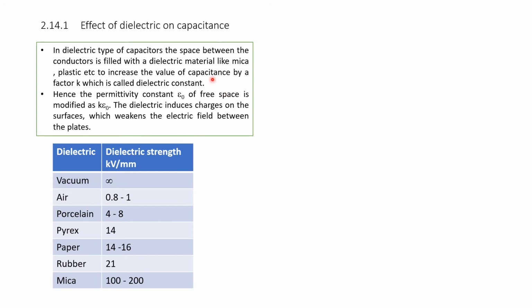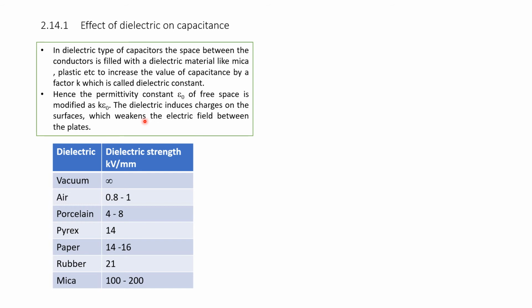So when we add dielectric materials between the two plates, the value of capacitance increases by a factor K, and K is called dielectric constant. Hence, the permittivity constant of free space is modified as K into epsilon naught. The dielectric induces charges on the surface which weakens the electric field between the plates.